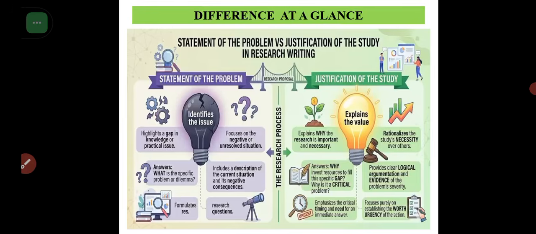But when you talk about post-COVID-19 effects, okay, we want to sit and listen. So justification also rationalizes the study's necessity over others, provides a clear logical argument and evidence of the problem's severity, and focuses purely on establishing the worth and urgency of the action.